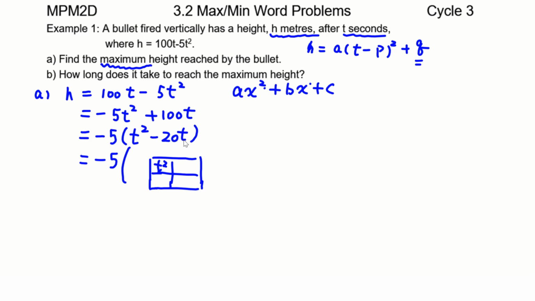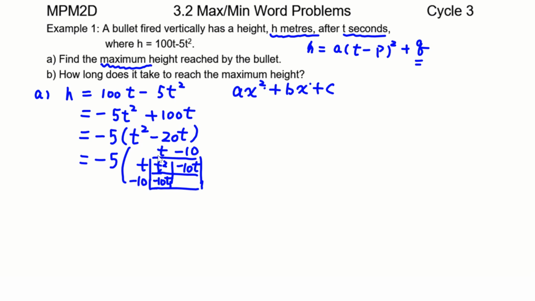Negative 20 divided by 2 gives you negative 10, negative 10. Then we factor the first row, the greatest common factor is t. So t squared divided by t is t, and negative 10t divided by t is negative 10.